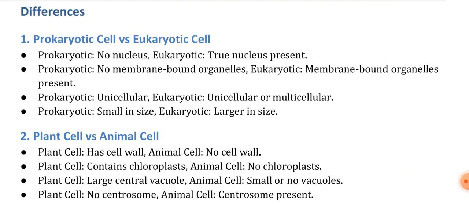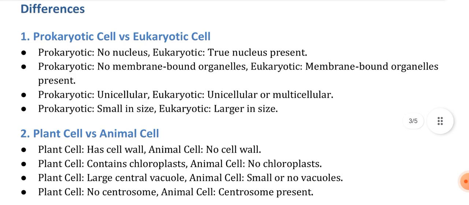Prokaryotic cells are mostly unicellular; eukaryotic cells are unicellular or multicellular. That means actually a prokaryotic cell is only one cell, but when we talk about prokaryotic organisms, those who possess prokaryotic cells are known as prokaryotes. Normally prokaryotic organisms have only one cell, so they are unicellular.